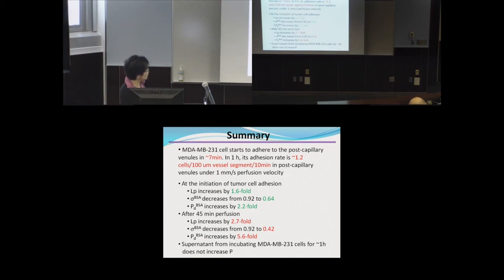And then with the initiation of tumor cell adhesion, we see the increase for LP, reflection coefficient, the solute permeability, and after 45 minutes, an even greater increase. But the supernatant from incubating this tumor cell for 1 hour does not increase the solute permeability.